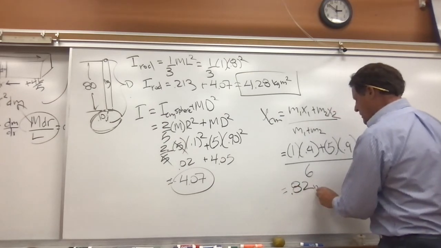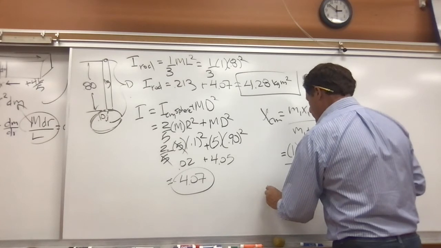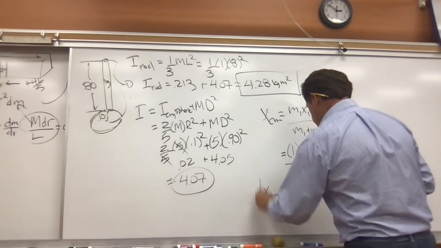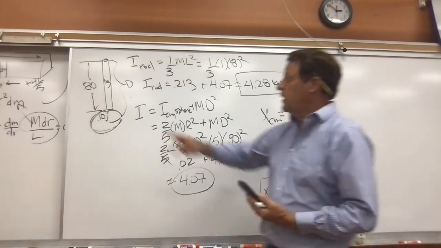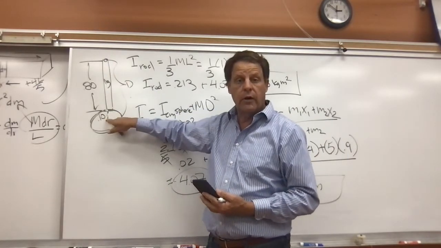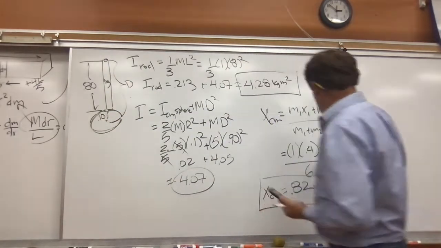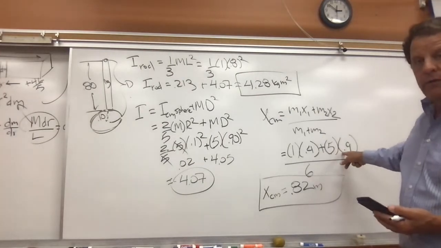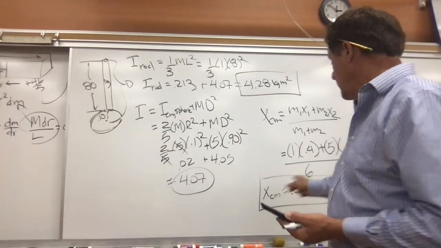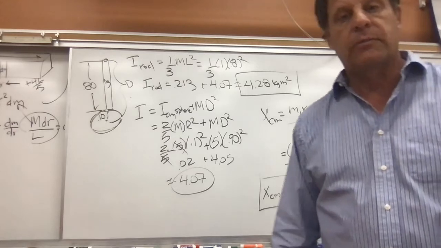Okay, X center of mass. That makes more sense because most of the mass here is far away. So I called that 0.45 and it was 4.5. Anyways, I corrected it. We've got a center of mass of 0.82.